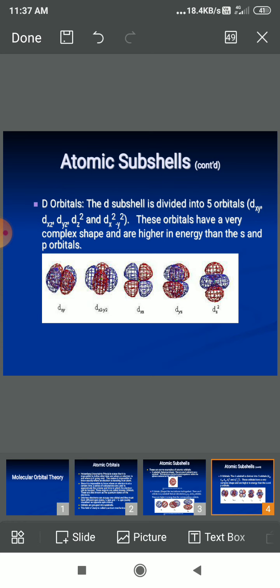These orbitals have a very complex shape and are higher in energy than the s and p orbitals. Among the three subshells s, p and d, d orbitals have more energy than p orbitals and then s orbitals. There are five diagrams as follows for dxy, dx2 minus y2, dxz, dyz and dz2.